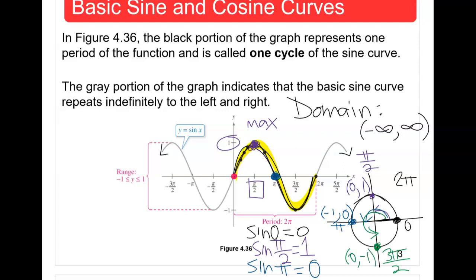Now, remember, we need the y coordinates, so the sine of 3 pi over 2 is equal to the y coordinate of that point, which is -1. And we could see that point represented here. In fact, we could label it as the minimum point. It has the lowest y value, the smallest.